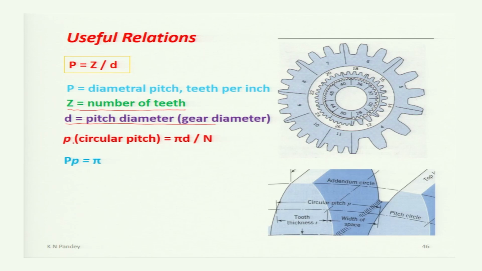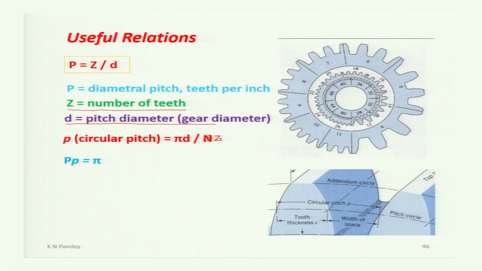Now the second useful relation is the circular pitch, which is the ratio of pi d divided by the number of teeth Z in a gear.